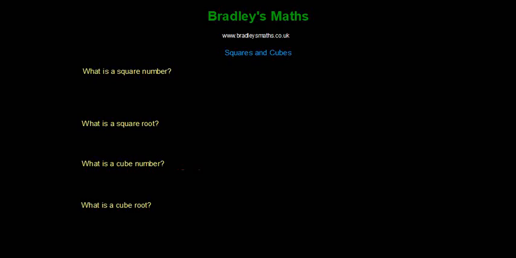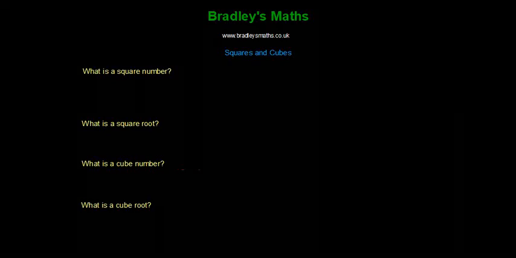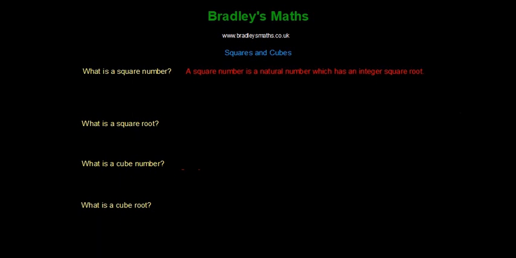What is a square number? A square number is quite simply a natural number which has an integer square root. That's all there is to it. What is a square root then? A square root is a number that produces a specified quantity when multiplied by itself.